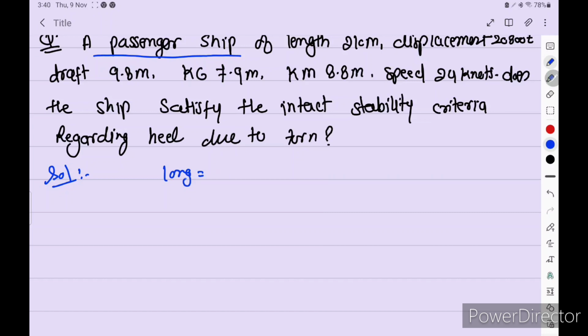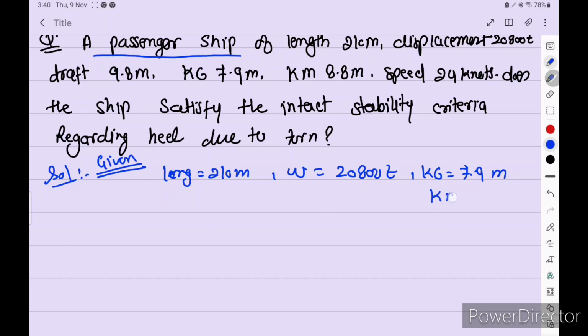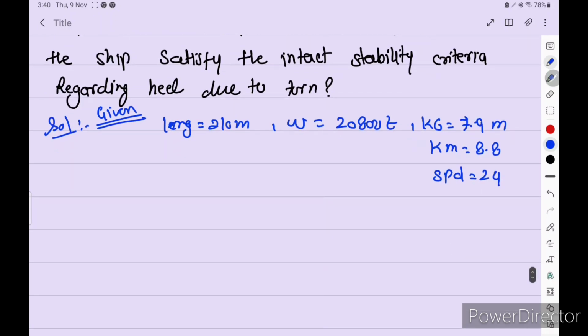So length is given 210 meters, displacement is given 20800 tons, KG is given 7.9 meters, KM is given 8.8 meters, speed is given 24 knots, and draft is given 9.8 meters.